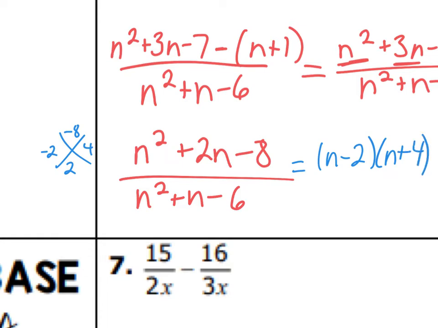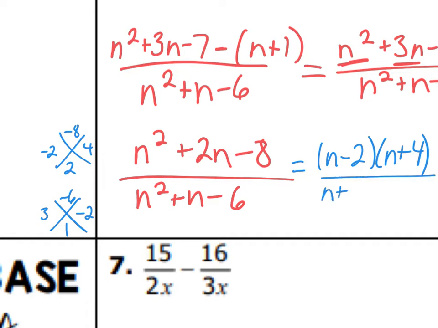And on the bottom, another x method, right? So on the top, we'll put -6. On the bottom, we'll put 1. 2 things that will multiply to give me -6, add to give me 1. Three and -2. Good.